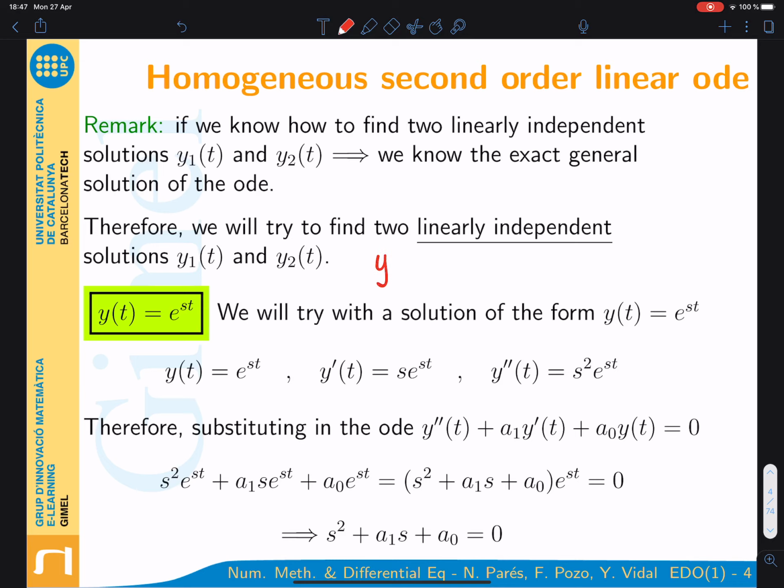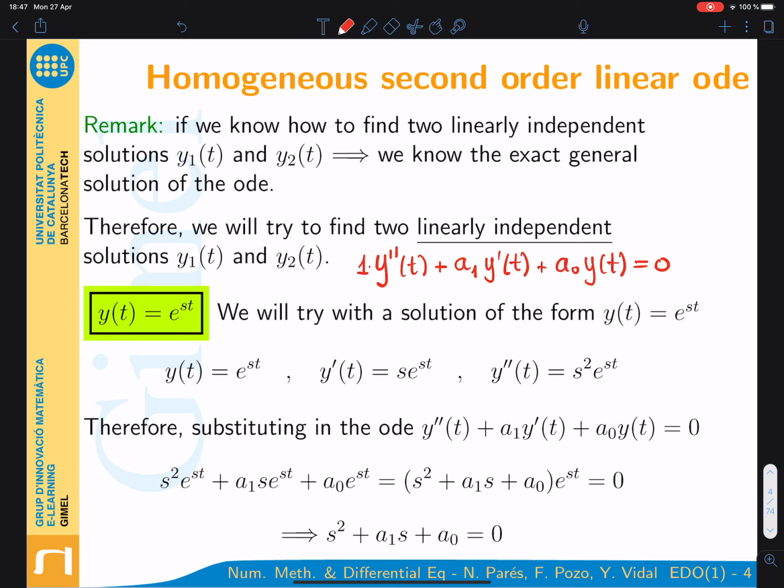It is y''(t) plus a coefficient that will be constant times y'(t) plus a0 y(t) equals 0. This is the specific type of ODE we will solve today.